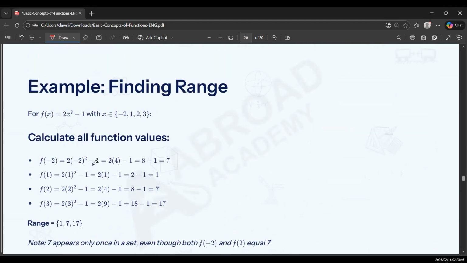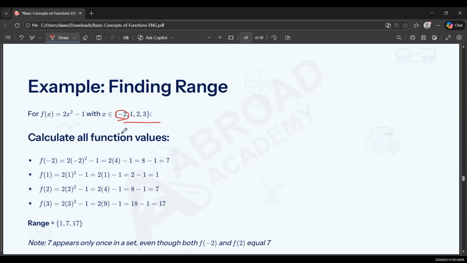Here are also examples of finding range. f of x equals 2x squared minus 1 with x an element of minus 2, 1, 2, 3. We have to calculate all the function values.